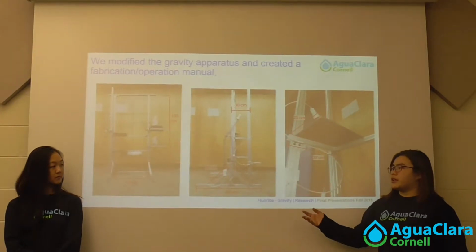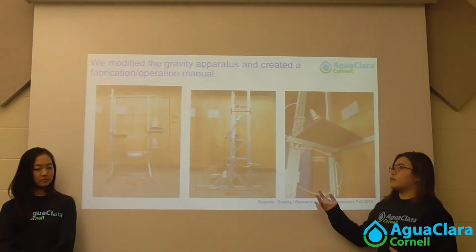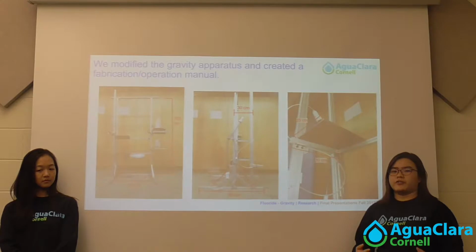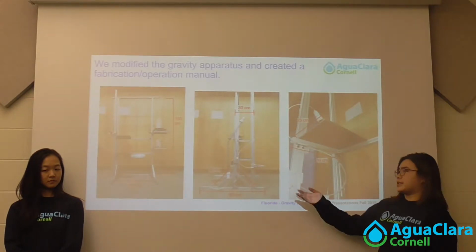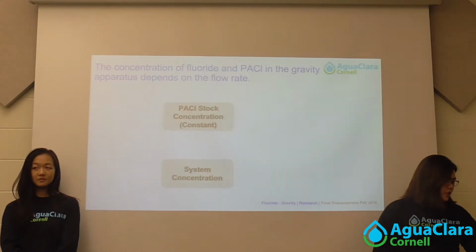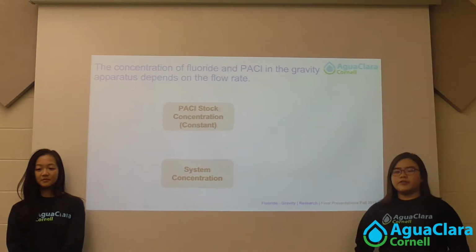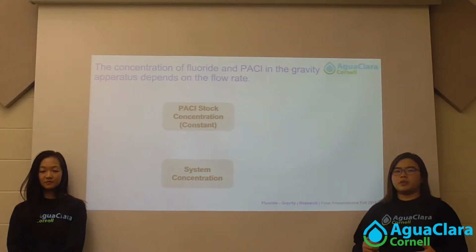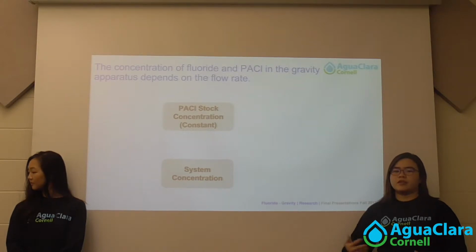The pictures show how we adjusted the dimensions of our system to make it as compact as possible. For our fluoride concentration, we made the stock concentration the same as we want it to be in our system.